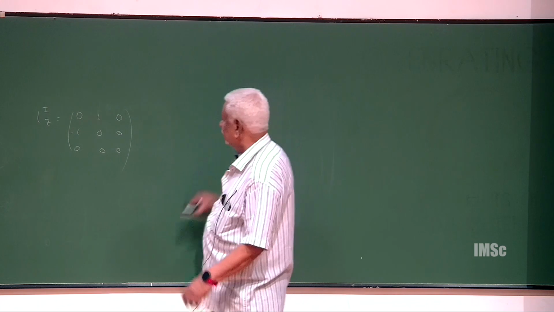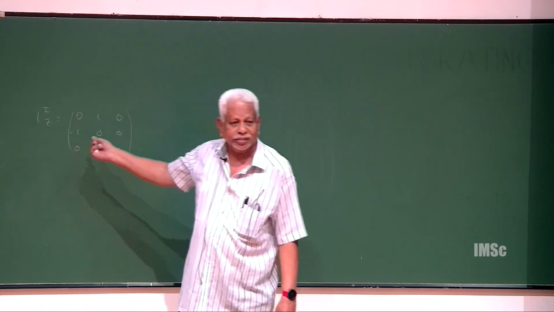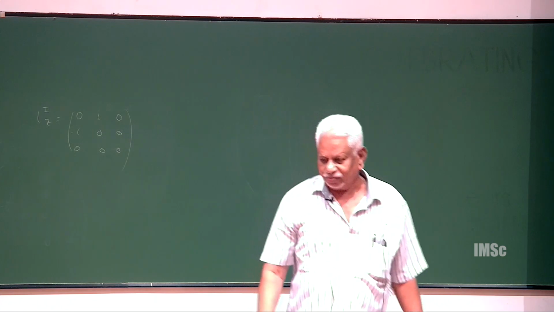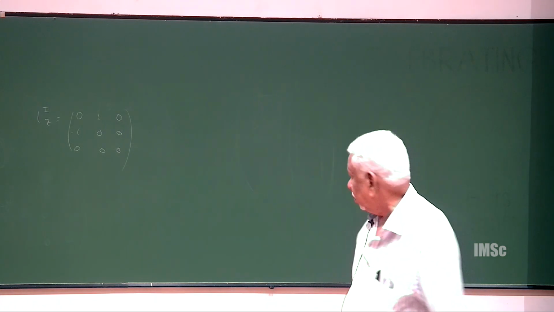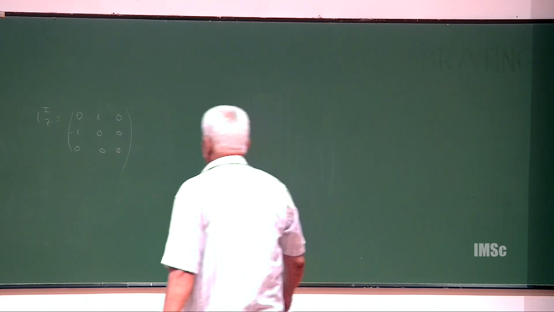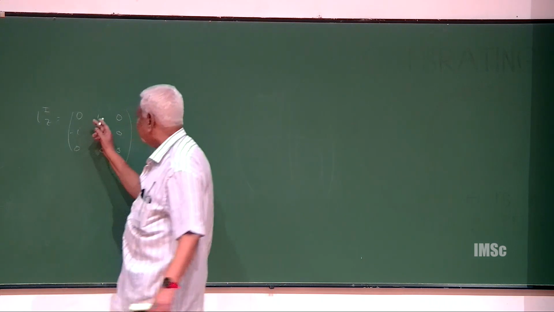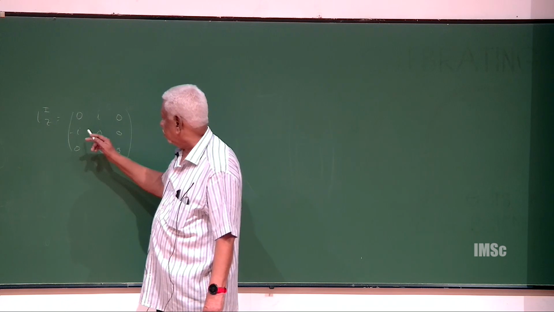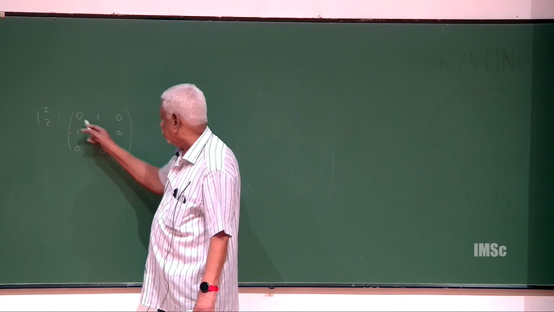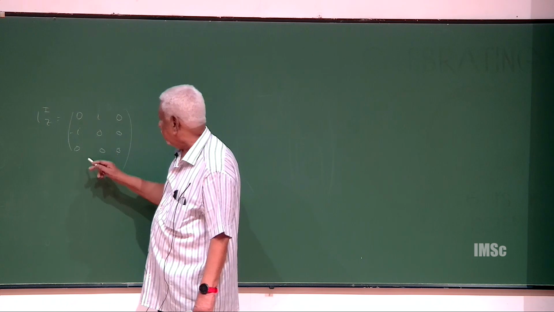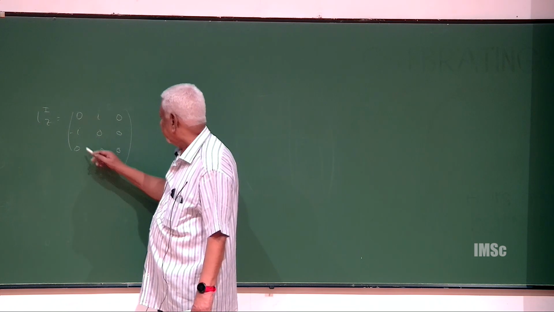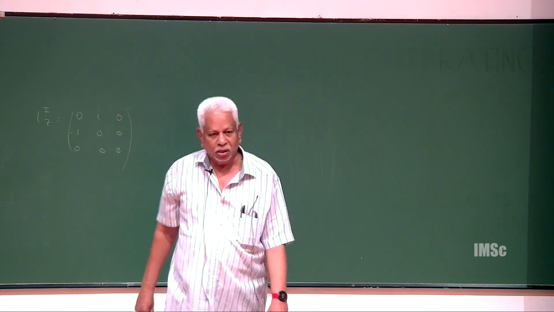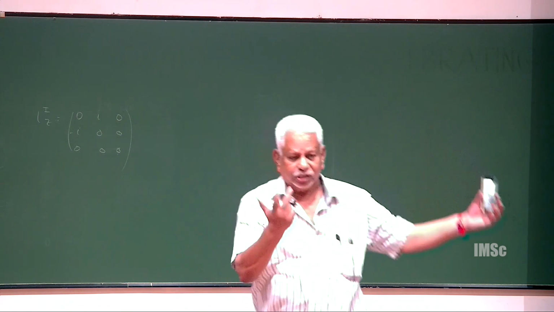So what I want now, I can ask the question, can I block diagonalize the Lx, Ly, Lz which I have given? Well, you cannot do that because Lx will involve these two, Lz involves these two, and Ly will involve the first and third. So they mix all three.